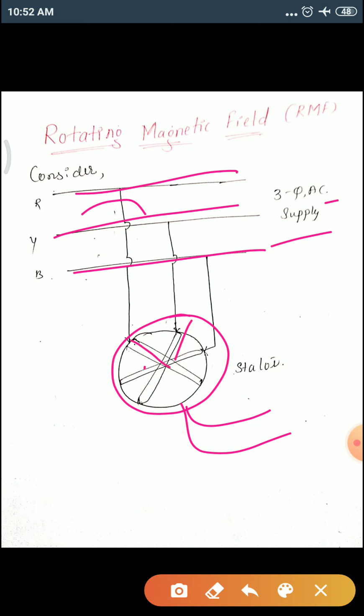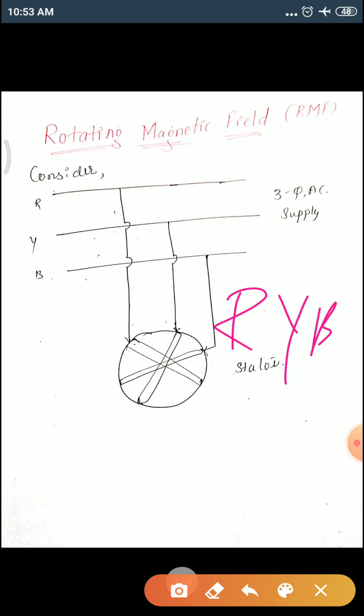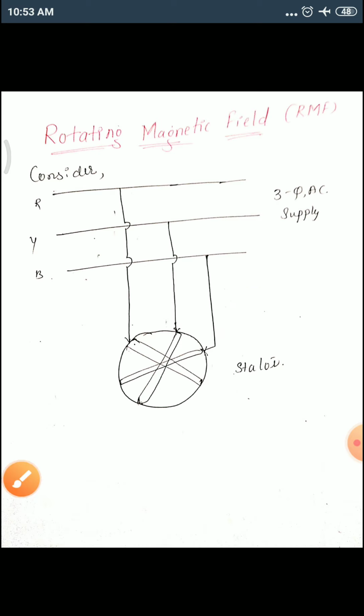Remember, these windings are displaced by 120 degrees each. Let's take the phase sequence as RYB. Then three separate, different magnetic fields are produced. Remember, their magnitudes remain the same. Let's see how it will be.